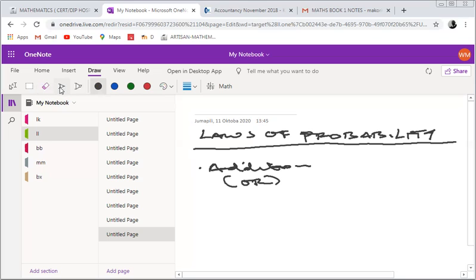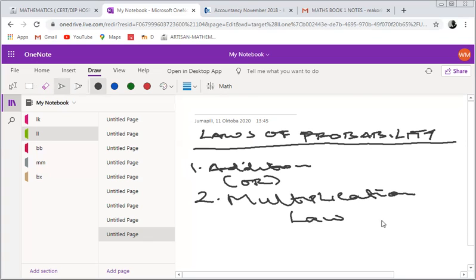Number one is the addition law. Number two is the multiplication law, also known as the AND law. So it is either the addition law or the multiplication law.